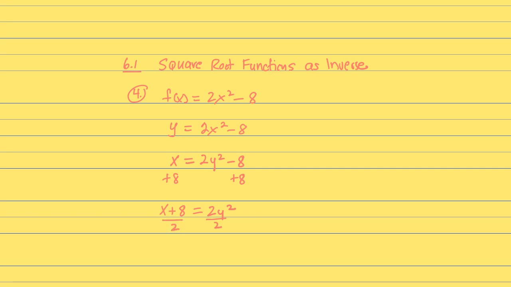And I'm going to go ahead and switch this. So we have y squared is equal to x plus 8 over 2. And you're going to get the square root of both sides. And so you have y is equal to the square root of x plus 8 divided by 2.